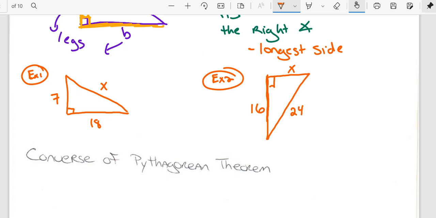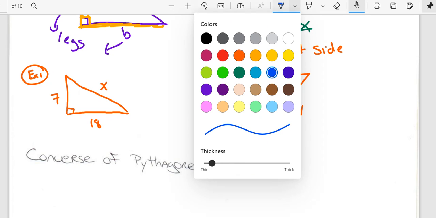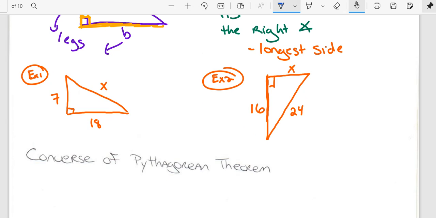So for our Pythagorean theorem, again, we use it when we have a missing side, when we're trying to find the length of a side in a right triangle. Now, we can only use the Pythagorean theorem when we're missing one of the sides. So in this case, example 1 is a prime example where we're going to use it.